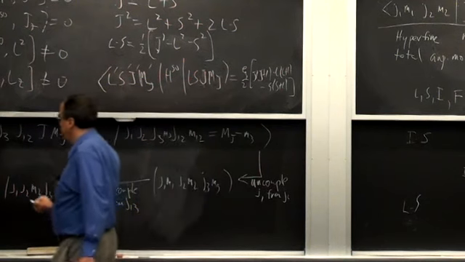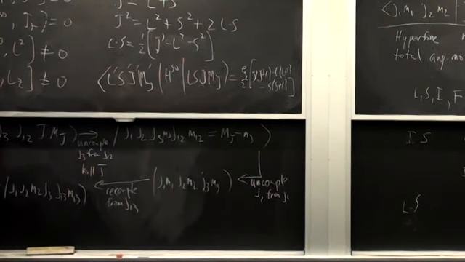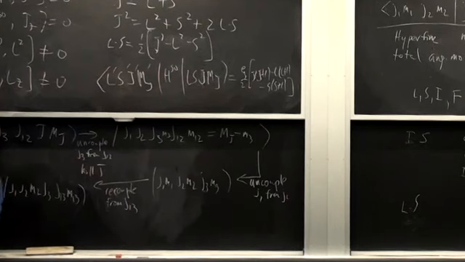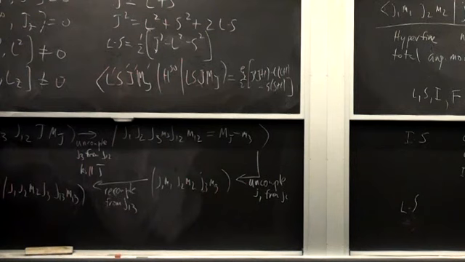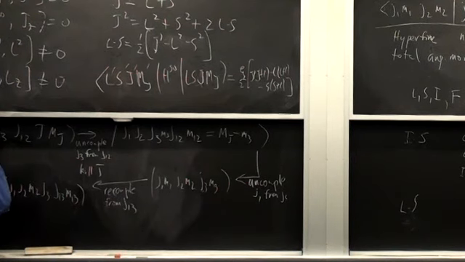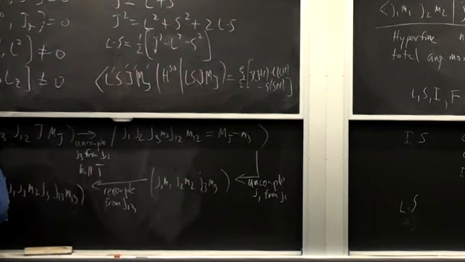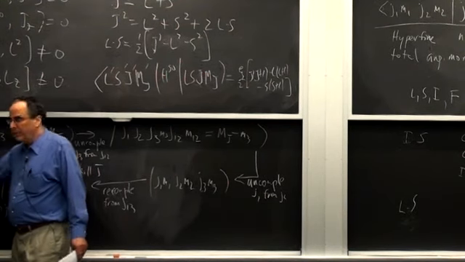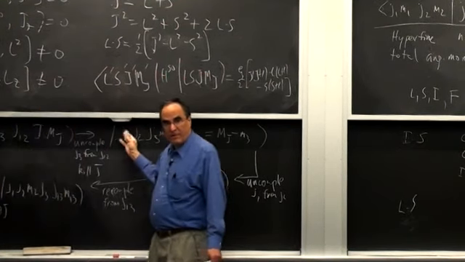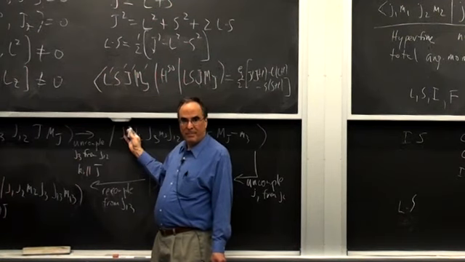And then the last step is we recouple J13 and J2 to make J. And so each of these steps involves a 3J coefficient and a sum.